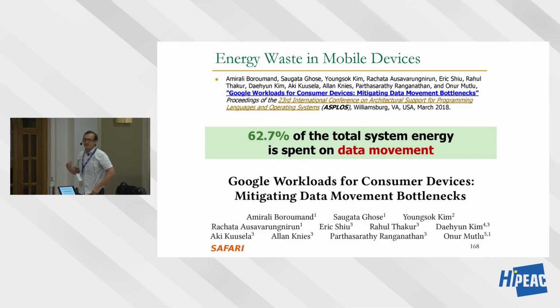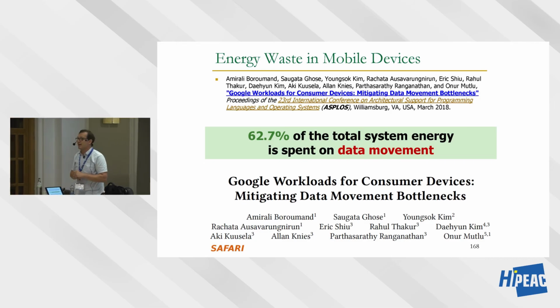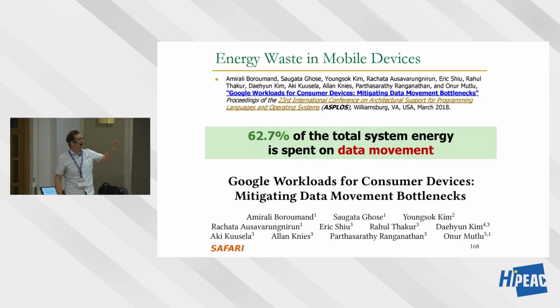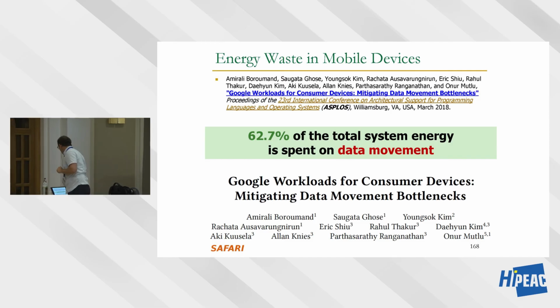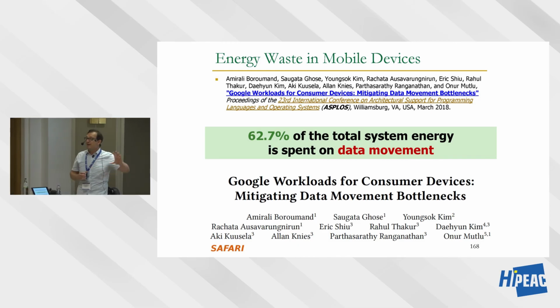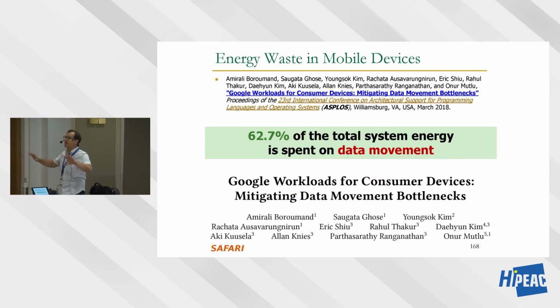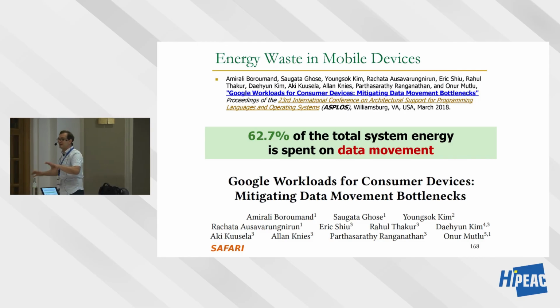Okay, so we did a lot of studies to quantify the effect of this data movement. This is a study that we did with Google in 2018. We analyzed those mobile workloads that I showed you earlier. I'm going to talk about this paper probably tomorrow if we have time. And we found out on average use cases, on mobile workloads like TensorFlow machine learning inference, or Chrome browsing, for example, which you may be doing, or YouTube video, more than 60% of the total system energy is spent on moving data across the memory hierarchy, from the processor to the memory. This is not the worst case.